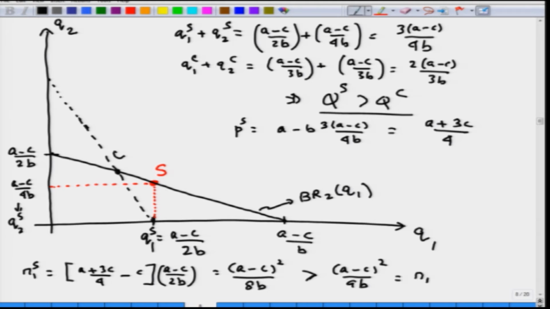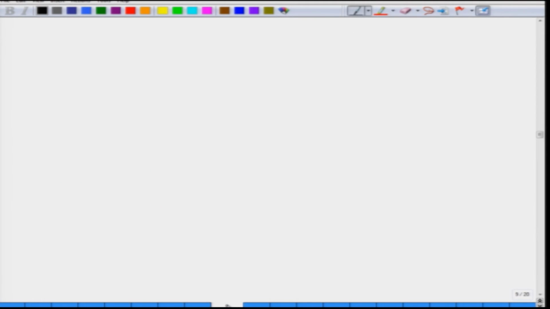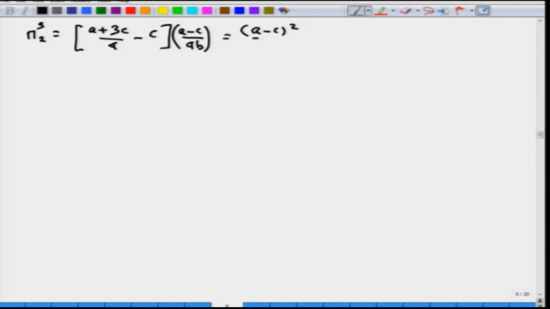And for completeness, the profit of firm 2 is again the price, which is (A plus 3C) over 4, minus the marginal cost, times the output chosen by firm 2, which is (A minus C) divided by 4B, and this turns out to be (A minus C) whole square by 16B, and this is less than the profit that firm 2 gets under the Cournot model.